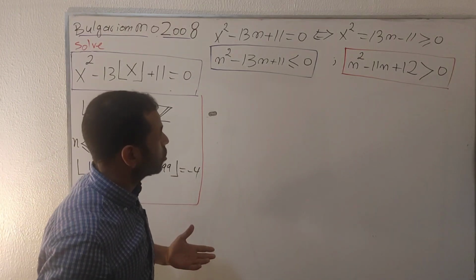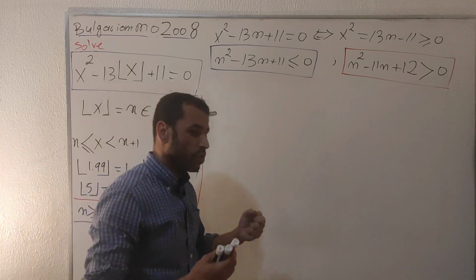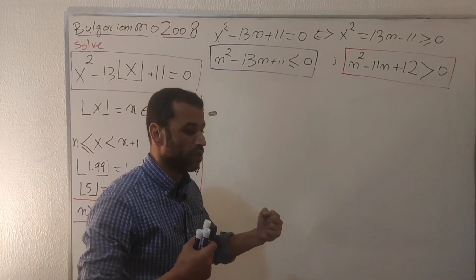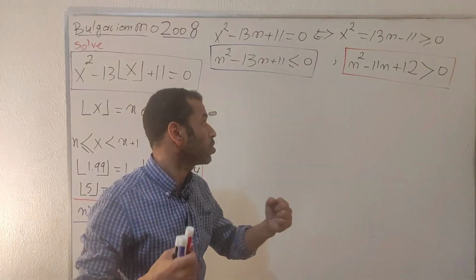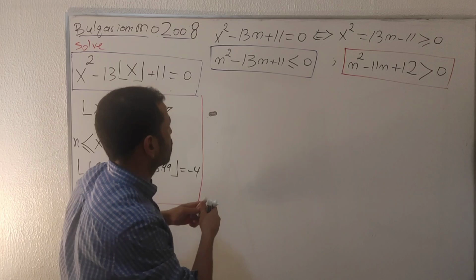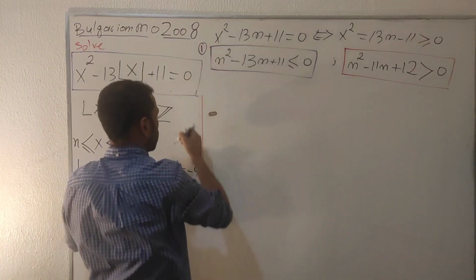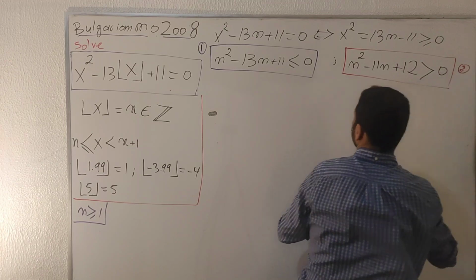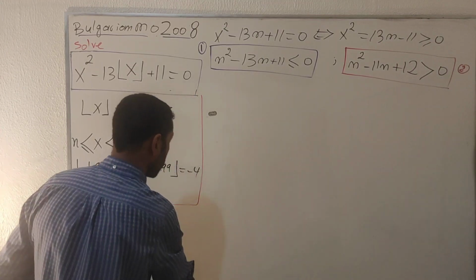In the floor function, sometimes x could be the value itself, and sometimes it is an inequality, meaning x lives in a certain interval. I'm going to start with this one. Let's call it inequality number 1, and this is inequality number 2. Okay, let's define the function.